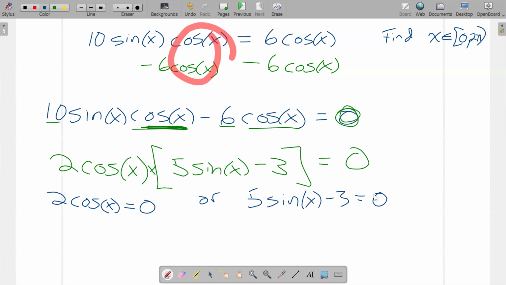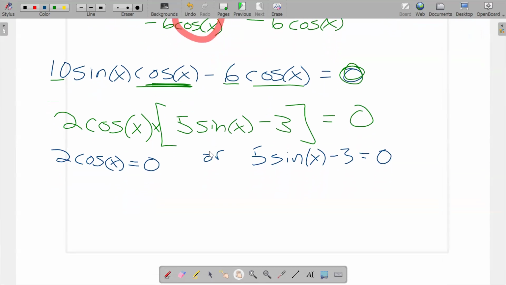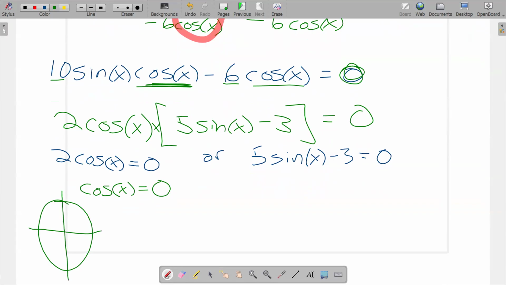So on the left side, I would divide by 2, which is nice because 0 divided by 2 is still 0. And then let's think about this unit circle. When is the cosine 0? Cosine is the x value on the unit circle, and the x value is 0 up here and down there.